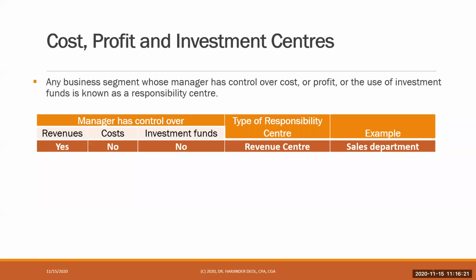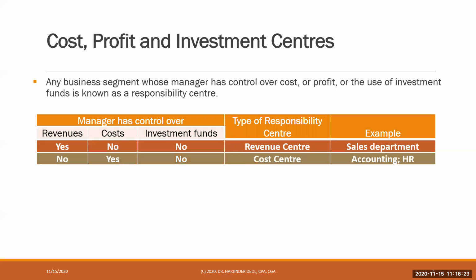If, on the other hand, the manager is not responsible for revenues, but is responsible for controlling costs, but doesn't have any authority or say over investment funds, then that responsibility center is called a cost center. And typical examples would include accounting, HR, marketing, etc.